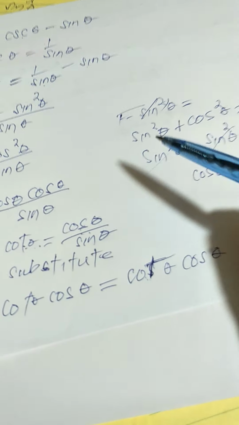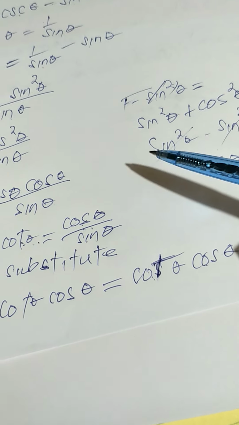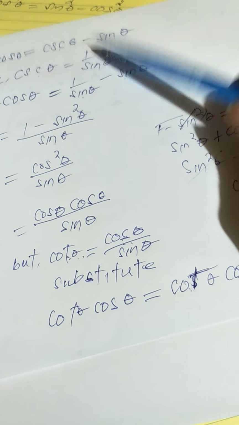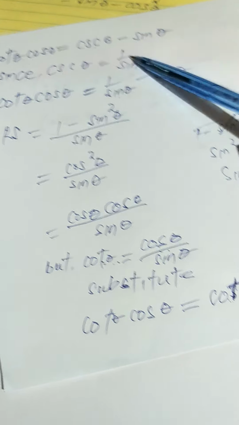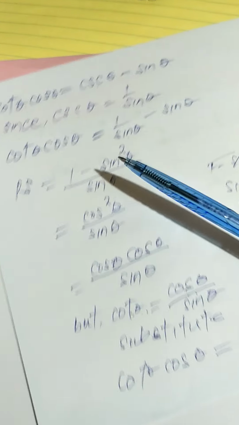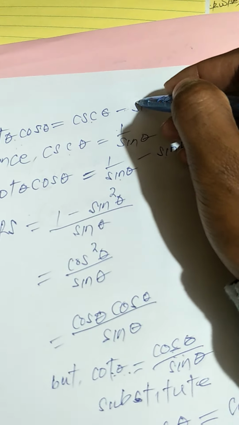And where do I get this cosine theta? I get it from here. So this one is not sine, this is cosine.